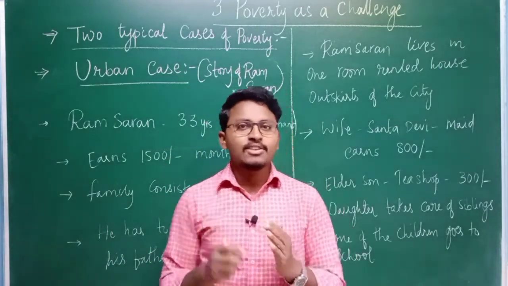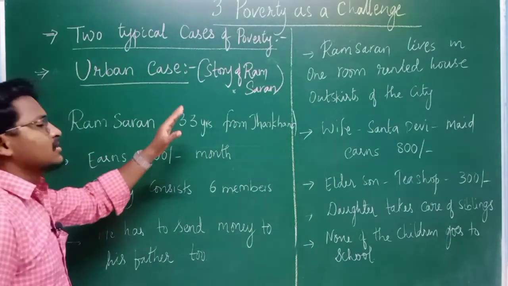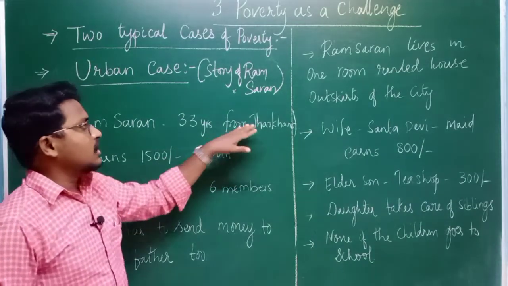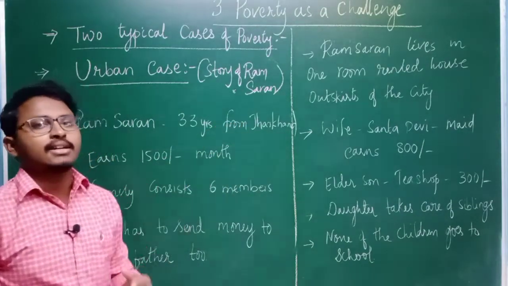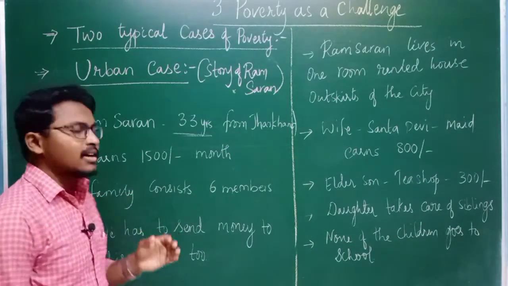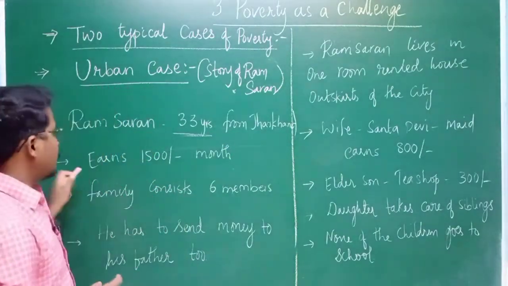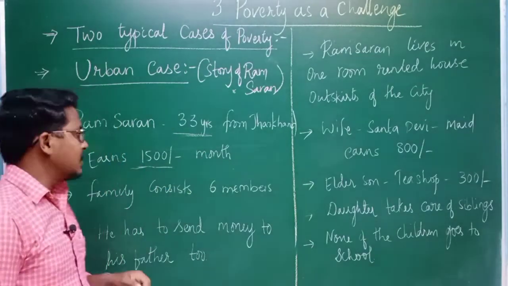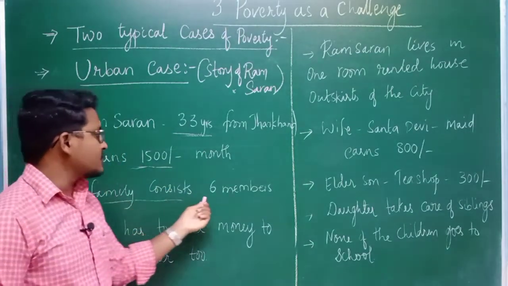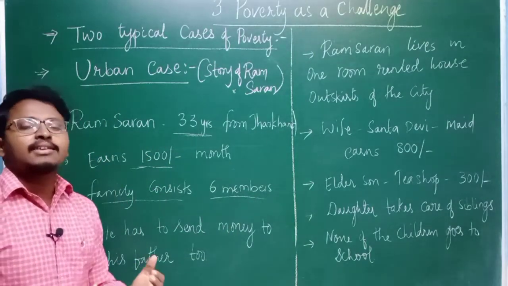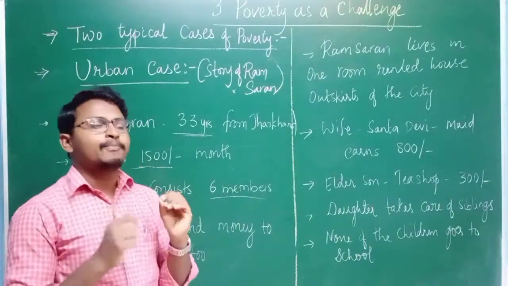First we will start with the urban case, the story of Ram Saran, who lives in a place near Ranchi in Jharkhand. This Ram Saran is 33 years old and he works in a small factory, where he earns 1500 rupees per month. His family consists of 6 members, and whatever money he earns per month is not at all sufficient to lead the family.